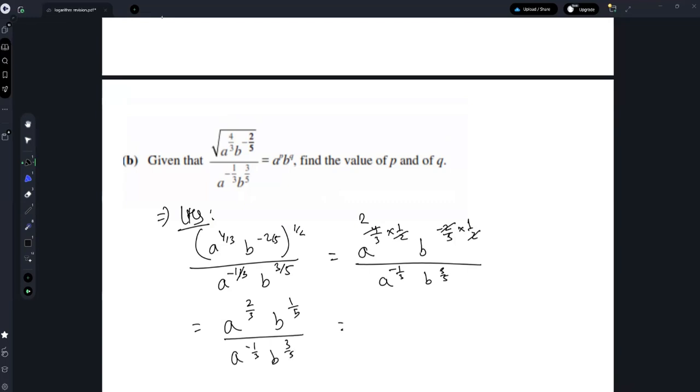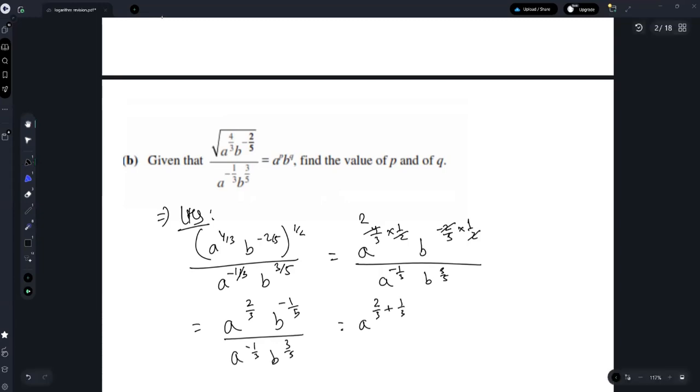Now, I'm going to do the following. Minus 2 by 5, this is going to be minus 1 by 5. And I'm going to get a to the power 2 by 3 plus 1 by 3. This minus becomes a plus. If we shift this upwards, this becomes a plus.